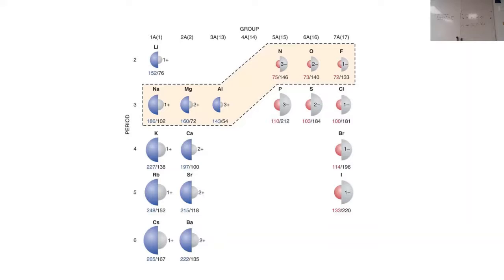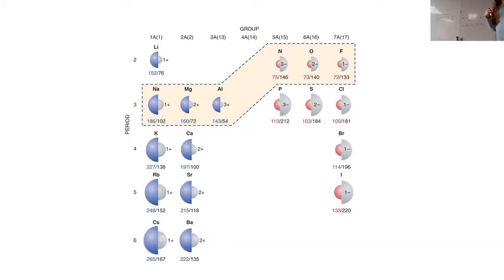Now, I can't say that all 2+ are smaller than all 1+. If I look at barium, it's 135, and sodium plus is 102. And that's because it's so much further down on the periodic table. So really, that's just a comparison in the same row.